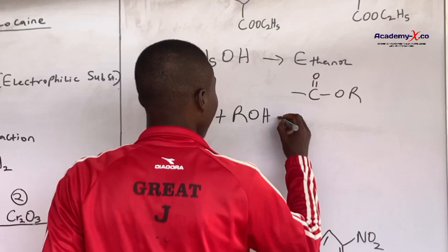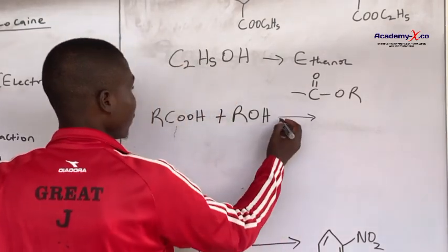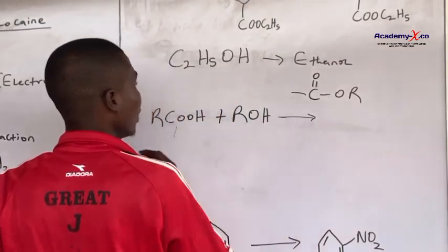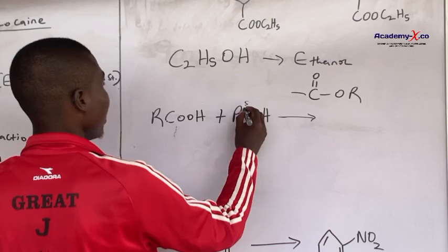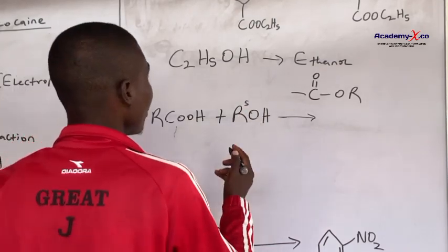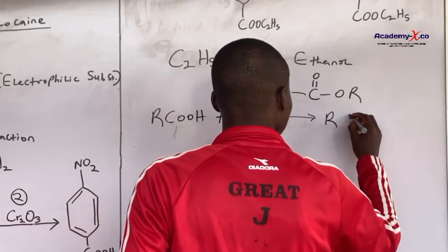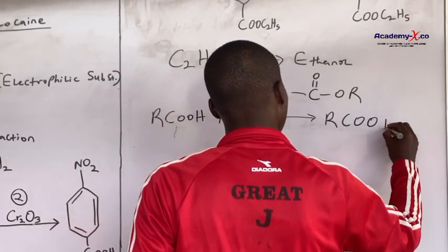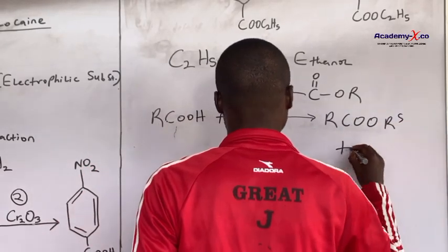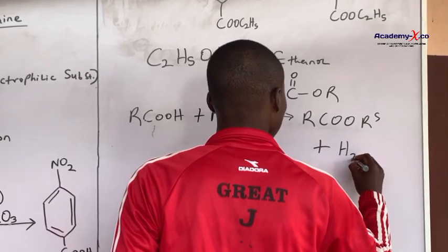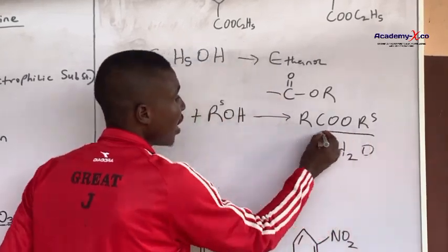So what we have here, we can call this Rs so that we can differentiate. What we're going to have here will now be something like RCOORs plus H2O. So this is the ester.